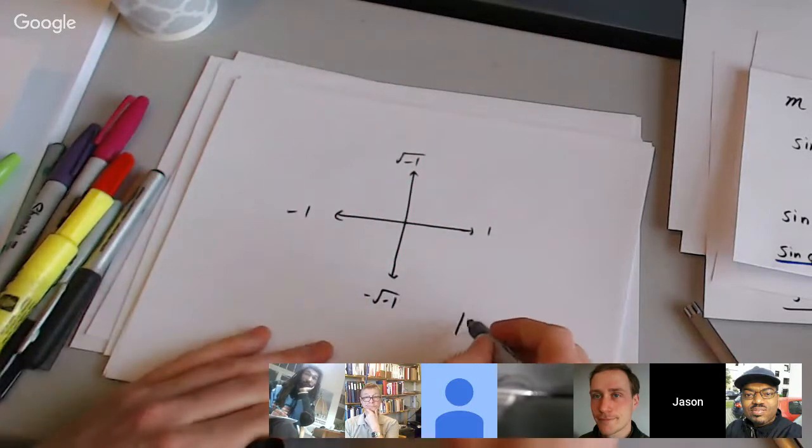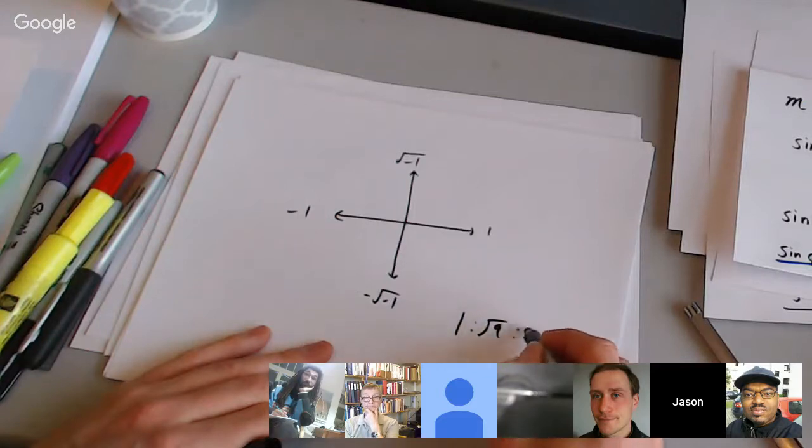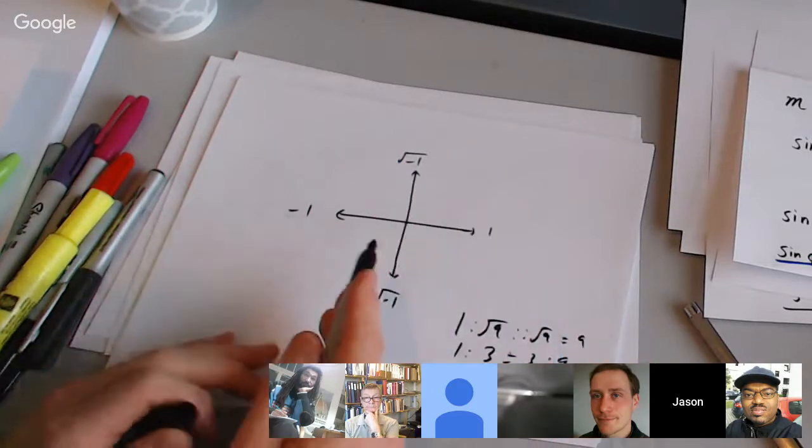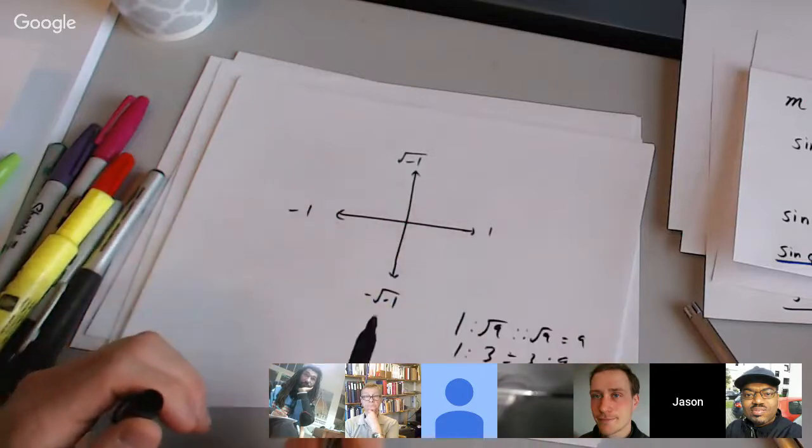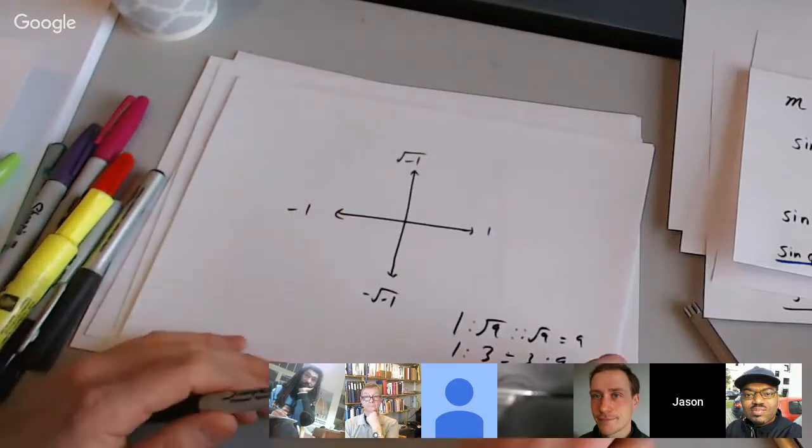Just like 1 is to the square root of 9 as the square root of 9 is to 9. 1 is to 3 as 3 is to 9. Our idea of multiplying. So we got normal numbers and then the square root of -1 direction.